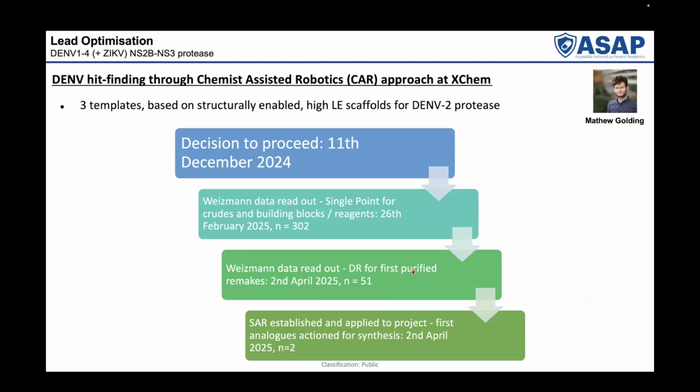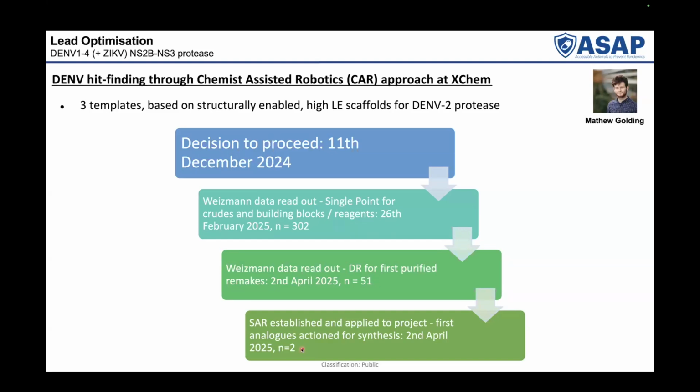So, a bit about timelines. We got together on December the 11th last year, and basically by April, we had established some SAR and also validated data with pure remade compounds.